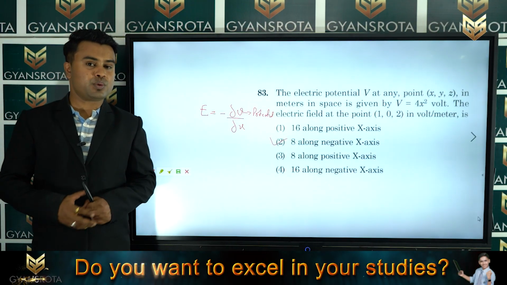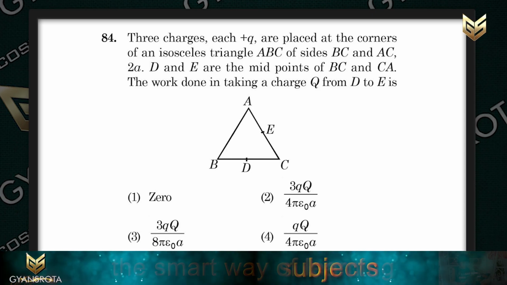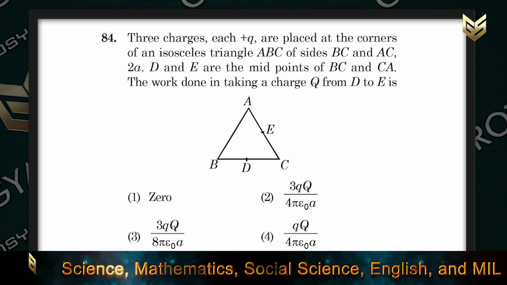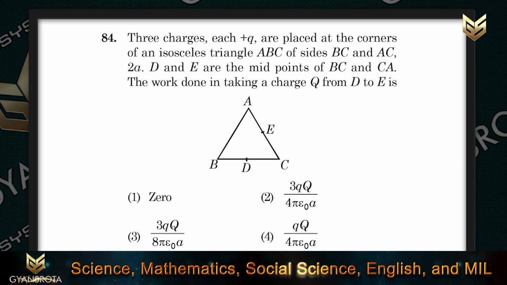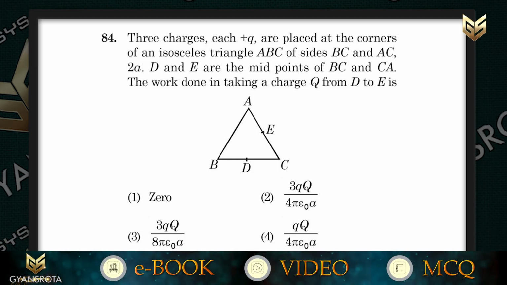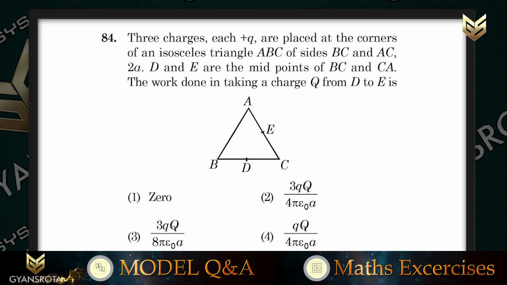Now let us move to the next question, that is question number 84. 3 charges each plus q are placed at the corners of an isosceles triangle ABC of side BC, AC, okay, of twice A. D and E are the midpoints of BC and CA. The work done in taking a charge q from D to E will be how much?